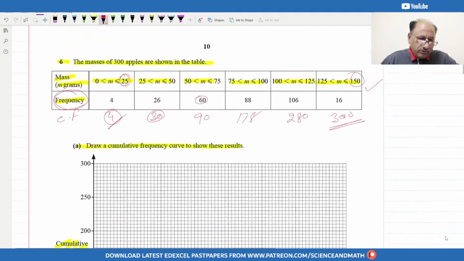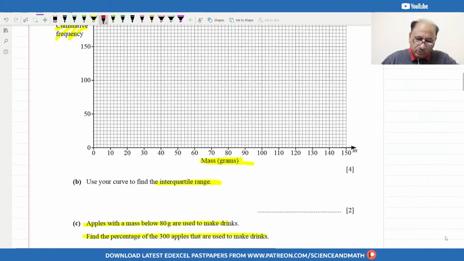25 is basically grams, so 25 will be for this range, and 4 will be for one small box it is 5, because 10 boxes are 50, so we will divide by 10, so each one will be 5. So the height should be roughly, I'm taking this, very close to 5.